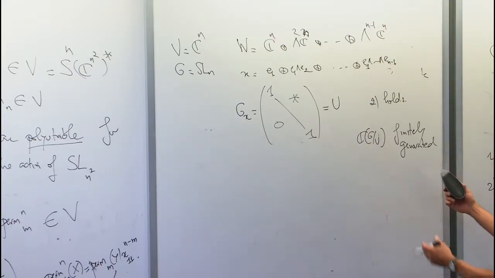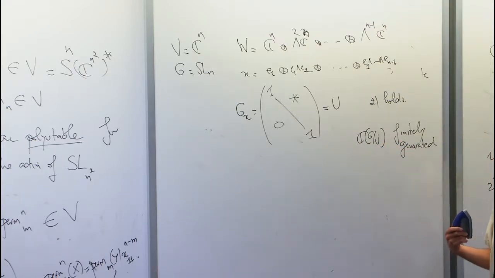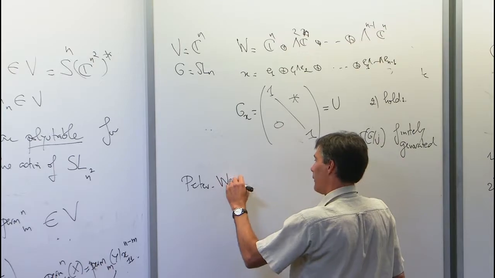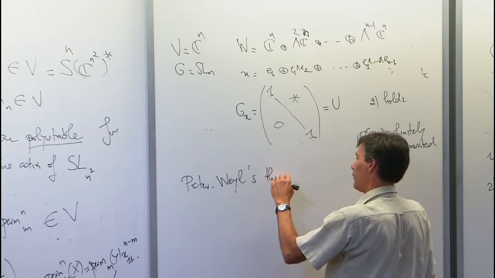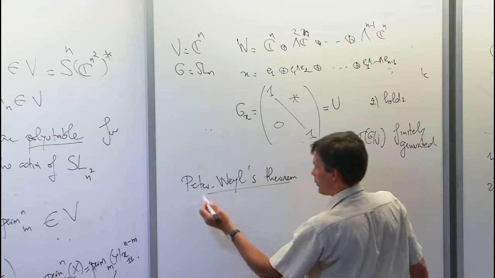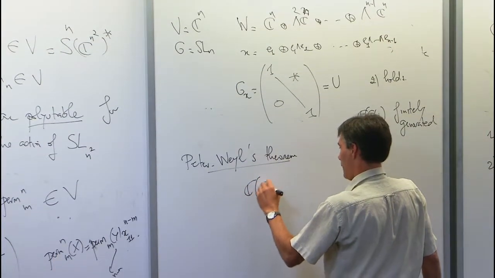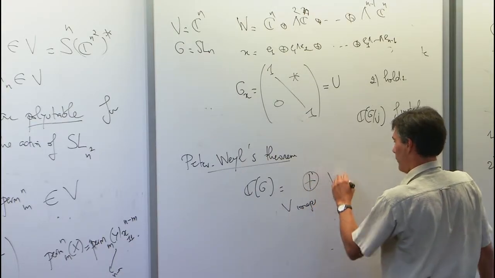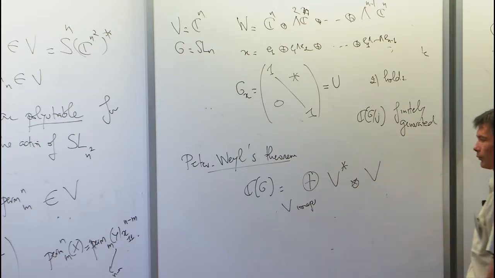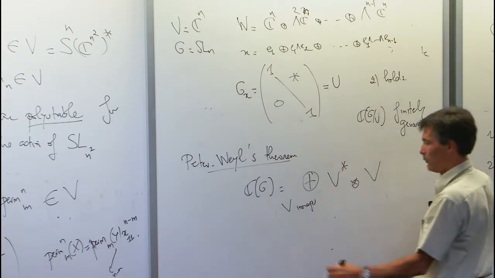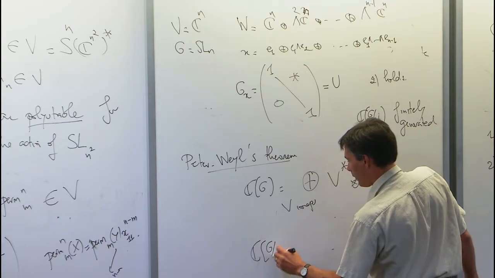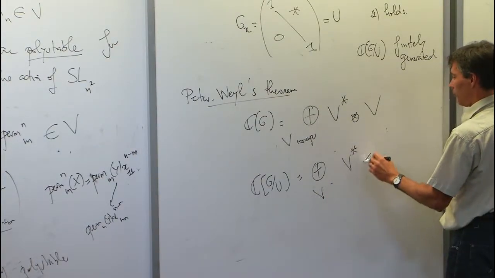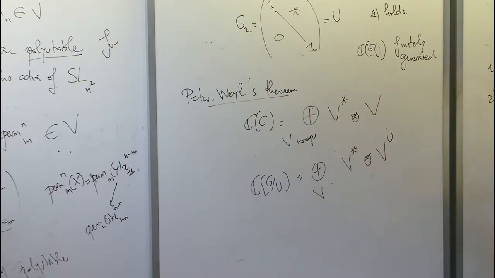Maybe first we can say what exactly this algebra is. We have the Peter-Weyl theorem, which is really an exercise, which tells you that C[G] is the sum over all the irreducible representations of V star tensor V. When you go to the quotient map, you just keep the invariants.